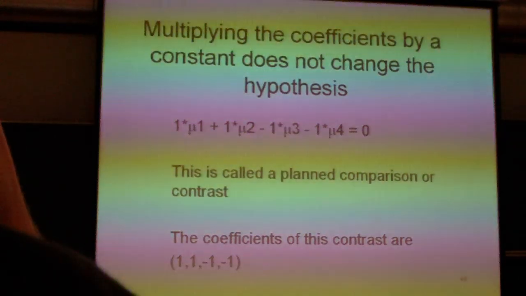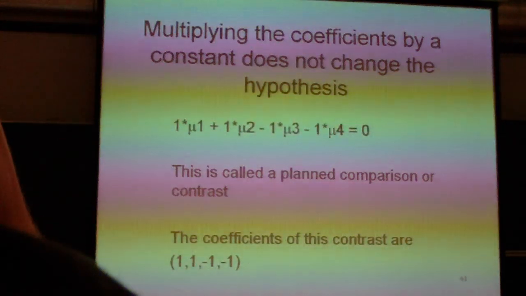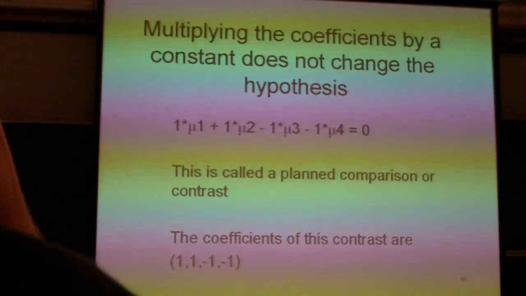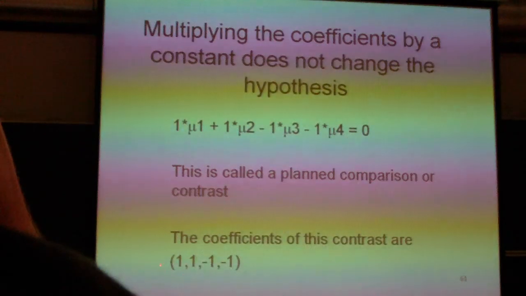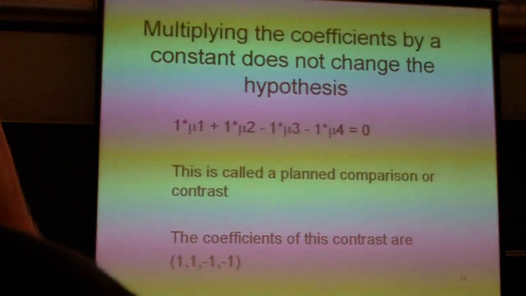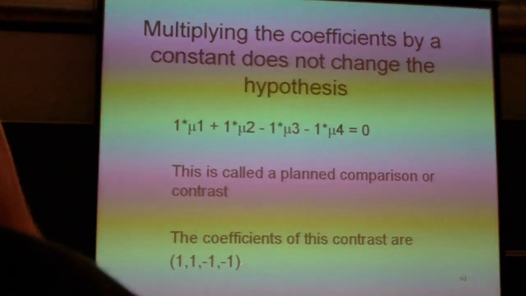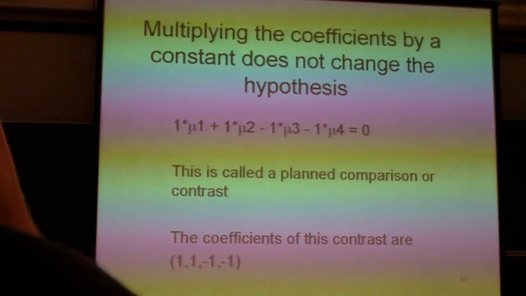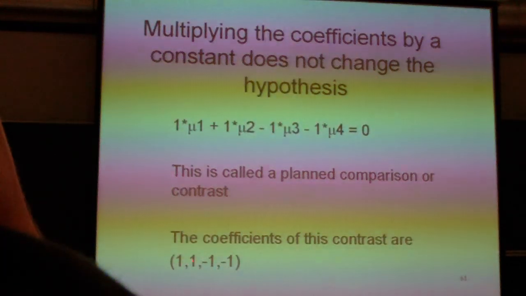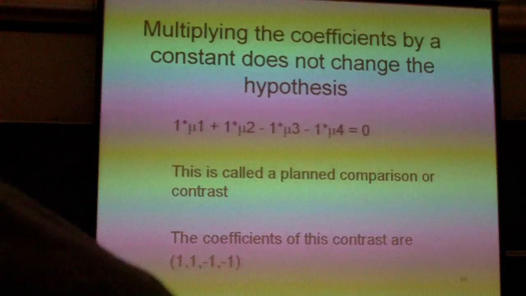And it's customary to designate a given contrast by its collection of contrast coefficients. And if possible, we will try to use value 1 in our contrast. So in this case, we have a contrast 1, 1, minus 1, minus 1.